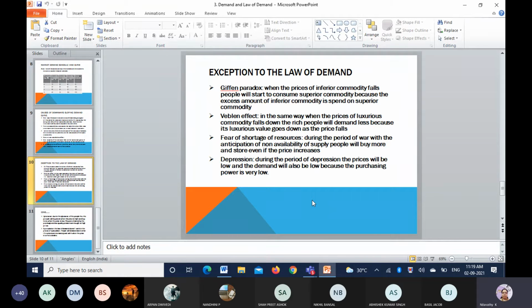But what the people will do is use the real income gained from the reduced prices of these inferior commodities for consuming some other superior commodity instead. So that is the explanation here.